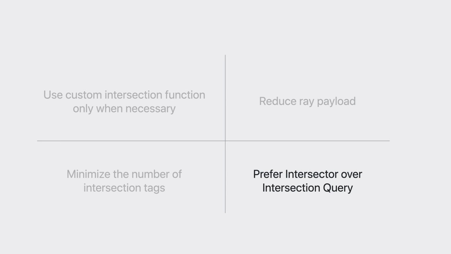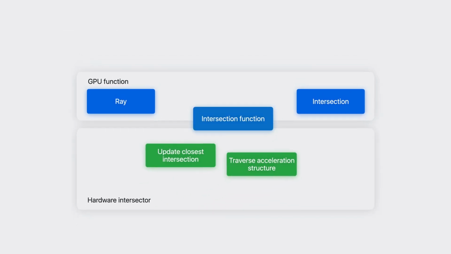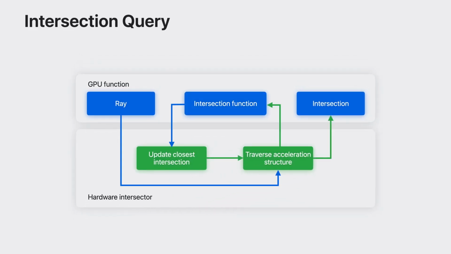Intersector is better than intersection query because of how the intersection query API impacts the ray tracing performance. Looking at the hardware intersector model, it is a great fit for the intersector in the shading language. An intersection query defines an object that does not use custom intersection functions.